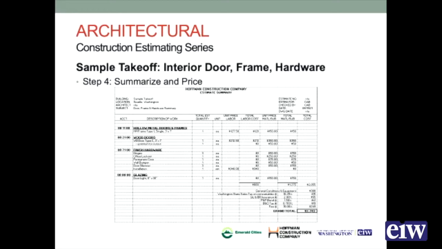I've priced this out more as labor and install. So my hollow metal frame here, I've got the labor to install it, 1 each, material pricing. Same thing for the wood door. I've got a premium for the cutout, and that's just going to be on the material side because it's just a fabrication item.